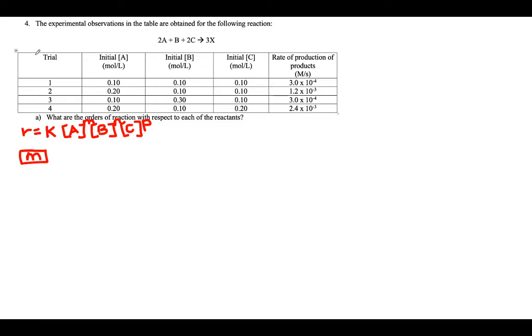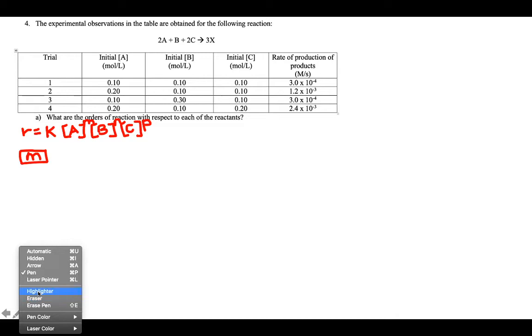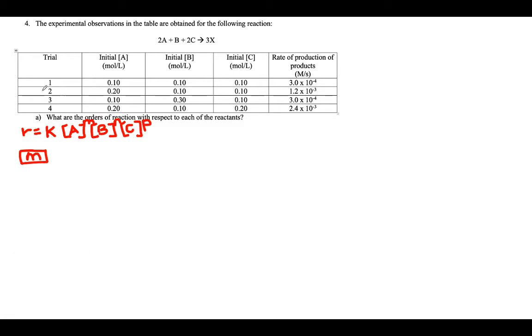So let's look at C. Between 1 and 3, the concentration of C is 0.1, 0.1. So that does stay the same. If I'm looking at the concentration of B, it's 0.1 for trial 1 and then 0.3 for trial 3. So that doesn't really work. So let's try, I'm just going to change the color of my pen. Let's try and choose trial 1 and trial 2.